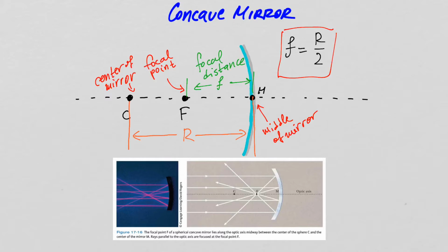So the ray diagram of the light rays incident upon the mirror itself show that all the reflected light rays converge at the focal point. One more thing that I must add is that this dotted line right here that splits the mirror in two, intersects the mirror in two equal parts, is called the optic axis.